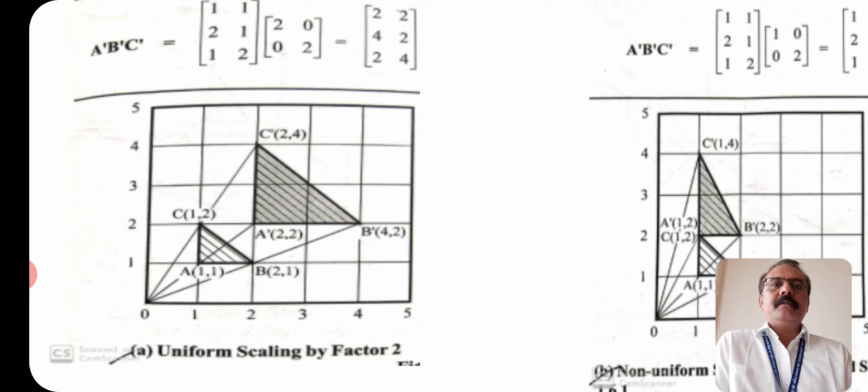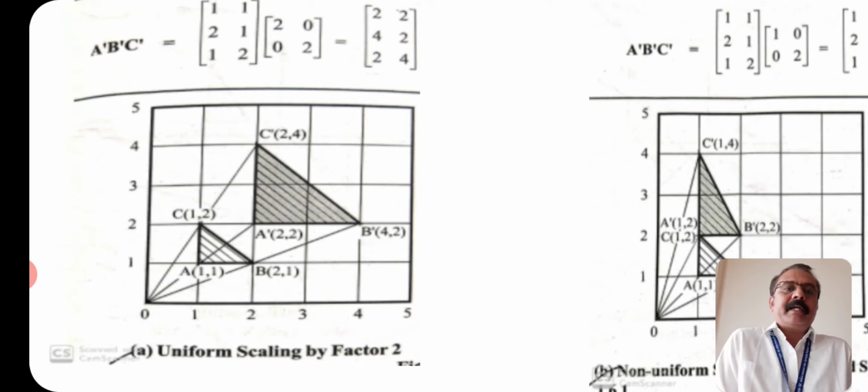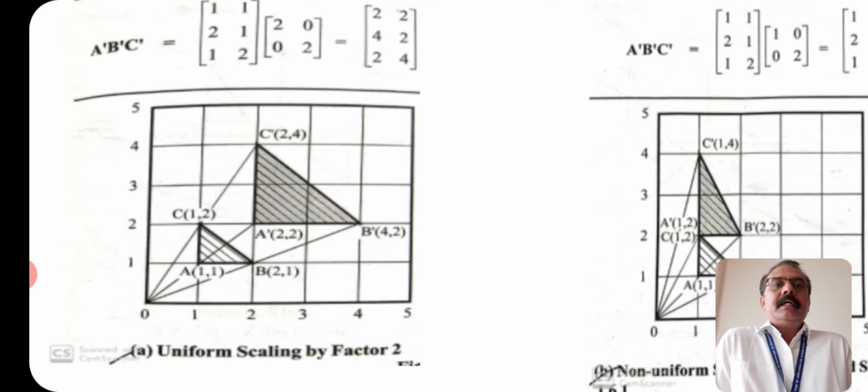The lowermost figure is the initial position, that is the original triangle ABC with coordinates A(1,1), B(2,1) and C(1,2). After scaling, it becomes A(2,2), B(4,2) and C(2,4). Uniform scaling by factor 2. It is observed that the size of the object increases.